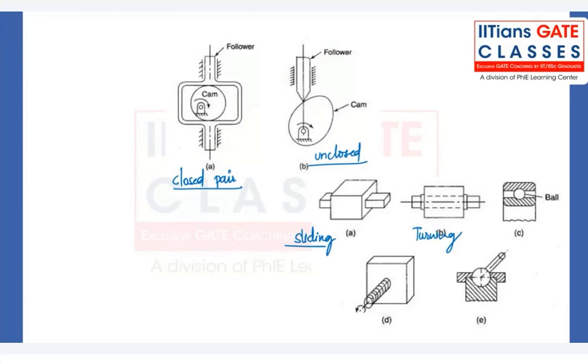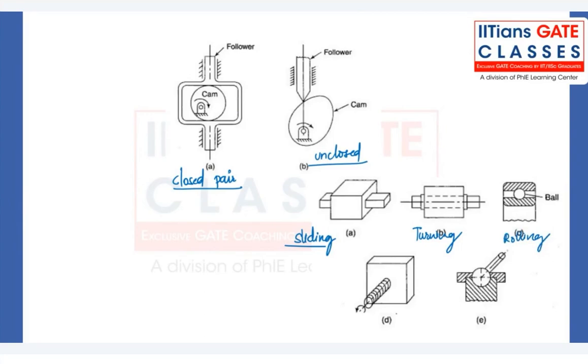Whenever one link has turning or revolving motion relative to the other, we call it a turning pair. The third is the rolling pair. A good example is a ball bearing rolling inside the recess.